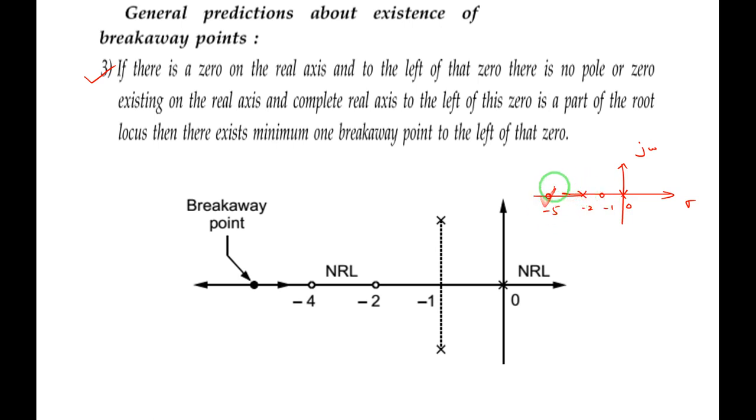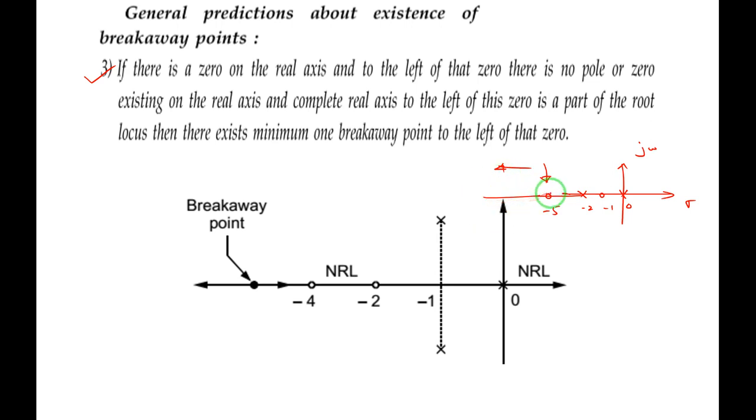What I am interested in is only the zero which is located at the extreme left. So this zero, not the pole, only the zero. This zero is located at the extreme left as compared to the other poles and zeros. To the left of this extreme zero, there should not be any other poles and zeros. Is there any other pole or zero in this area?